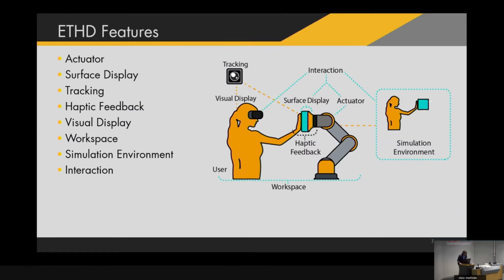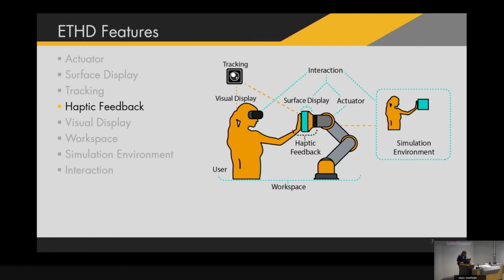There are several features that compose an ETHD. Perhaps one of the most important is the actuator, which is the robotic device that places the surface display in an encounter location. The surface display being the actual surface that the users touch. The tracking system that acknowledges the position of both users and actuators and places them in the virtual environment.